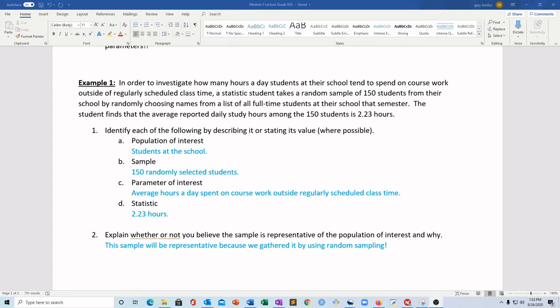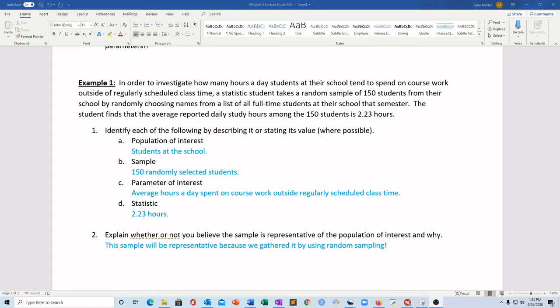What's the parameter of interest? All right, well, remember, the parameter of interest is how do I measure something about the students at the school, because remember, that's the population, to try to answer my question. And this is nice because the question directly gives you what the parameter is. Go back to the question. In order to investigate how many hours a day students spend at their school, this is quantitative, right? I'm asking how many hours.